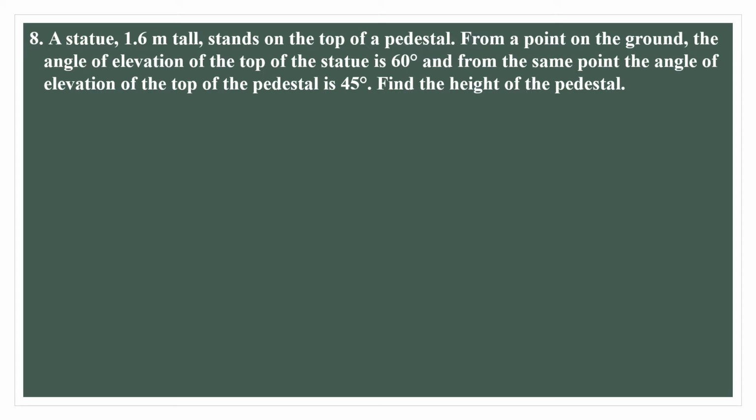We have taken a point on the ground from where the angle of elevation of the top of the statue, which is kept above the pedestal, is 60°, whereas the angle of elevation of the top of the pedestal, which is the foot of the statue, is 45°.